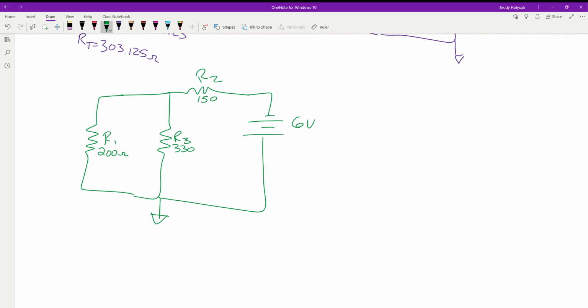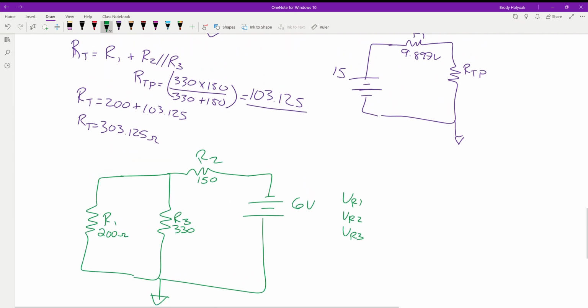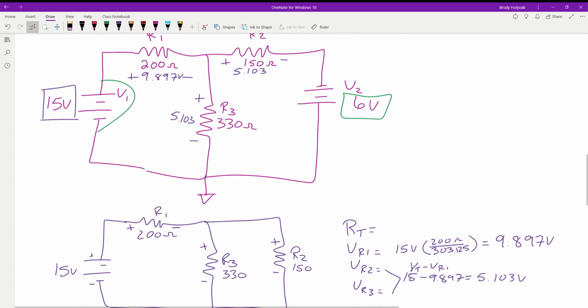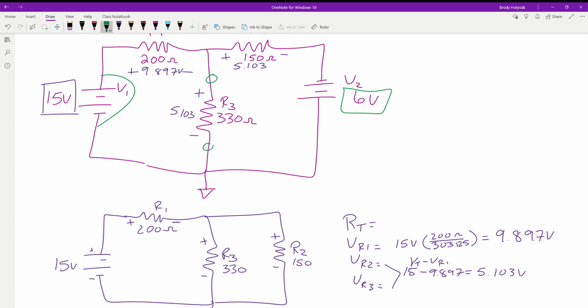We're going to find the same values as before. Specifically, we need the voltage across R1, the voltage across R2, and the voltage across R3. The reason we're doing this is that in the end, we want to find out what the voltage and current going through R3 is. This is going to be our load, some motor or some light, something that's going to do something.